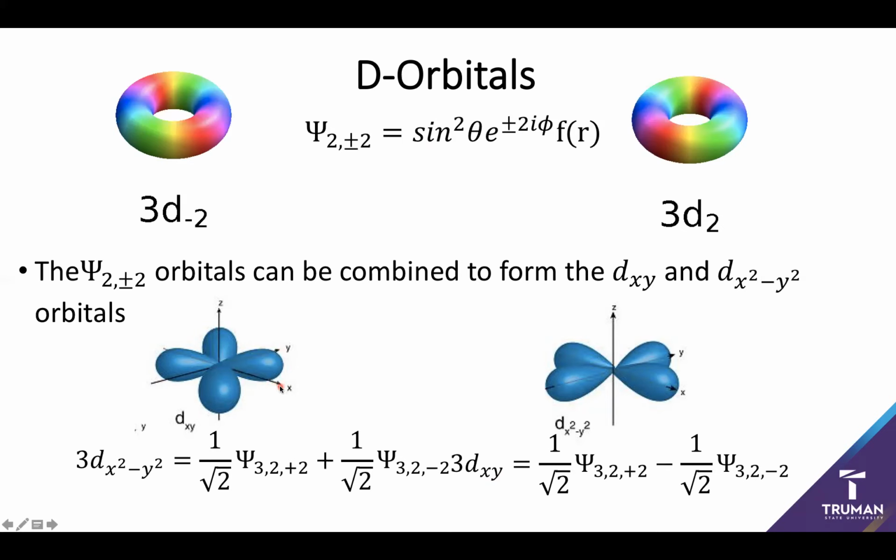So by combining these two wave functions, I get a node along the axes, whereas here I get a node bisecting the system. That said, you can imagine if I added these two wave functions together, I should be able to regenerate a uniform probability density all around my nuclei along the xy plane.